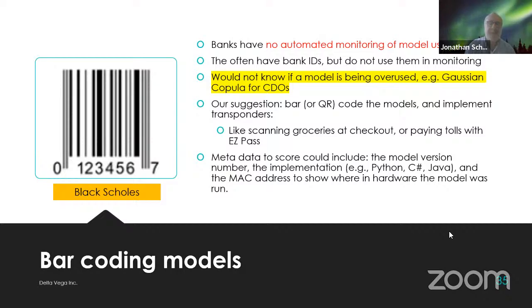For example, the currency, the notional, when it was run, and so on and so forth. What else do I say down here? Yeah, the model version number, that's important. And even specifically the MAC address where it is, so then you can tell who ran it, basically. But it would be like scanning groceries or like scanning your car at Easy Pass with transponders.